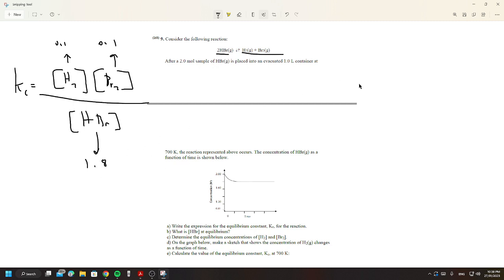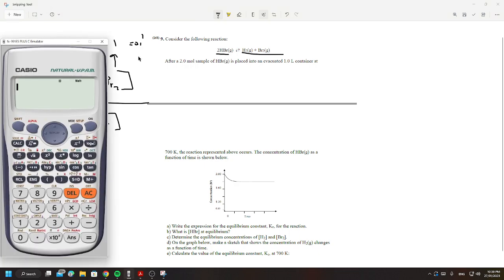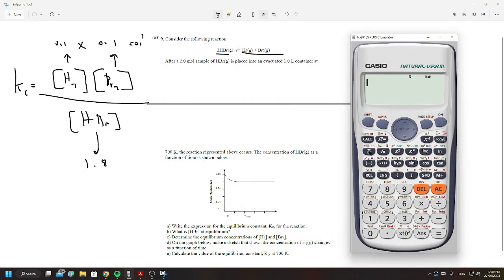These are values at equilibrium. So do 0.1 times 0.1, essentially 0.1 squared. So we go to our calculator. 0.1 squared over 1.8 gives us 5.6 times 10 to the power negative 3.